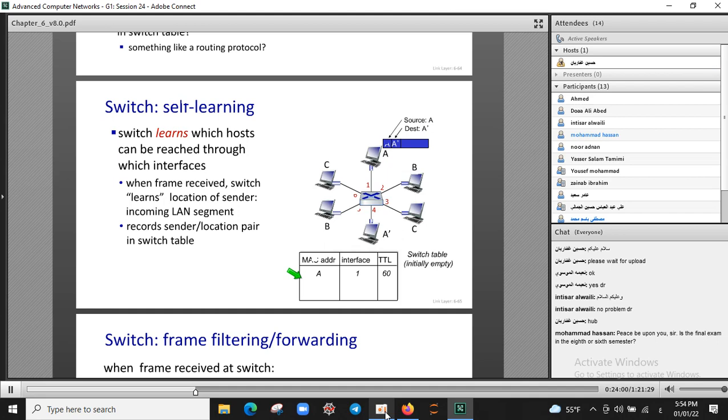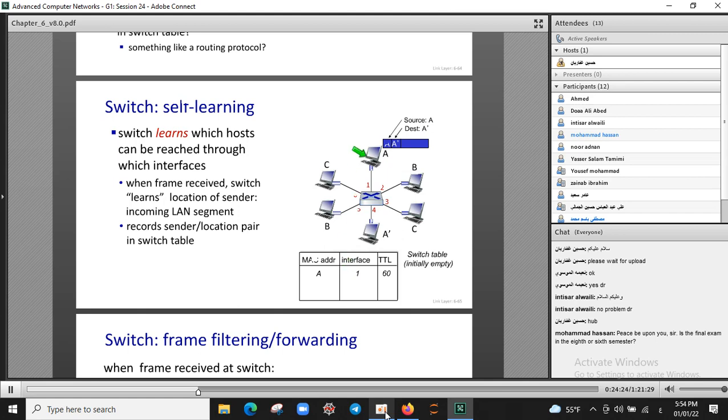But if there is no record in the switch table for MAC address A, the switch will write one.